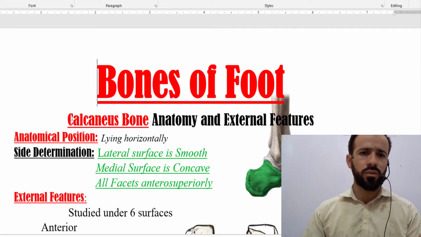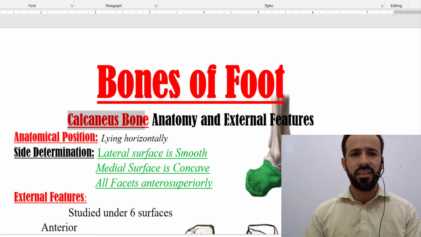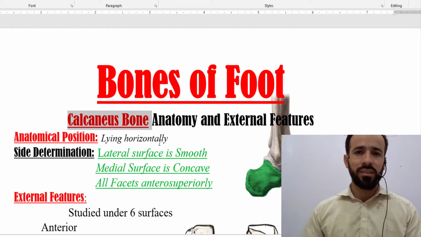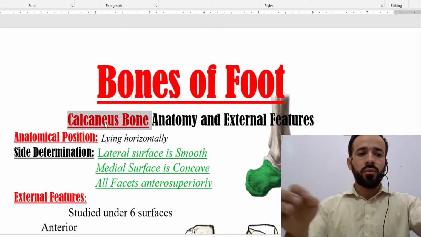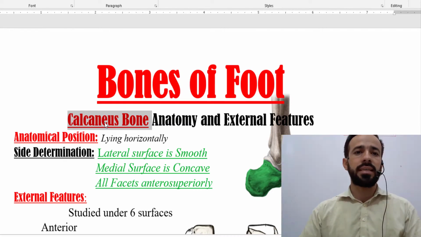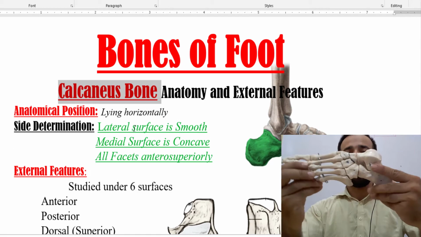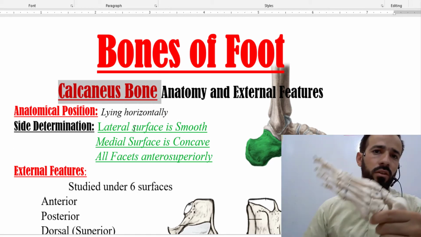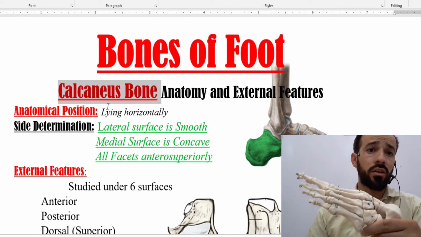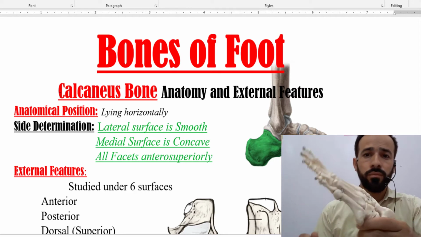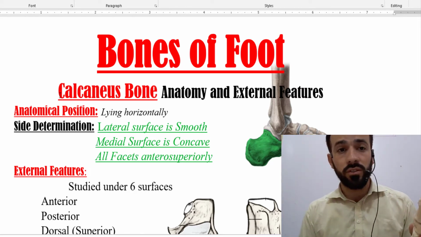The first bone that we are going to discuss here is the calcaneus bone, also known as the calcaneal bone. My dear friends, if someone asks what the calcaneus bone is, it's the largest bone of the foot, and it comes in the row of the tarsal bones.